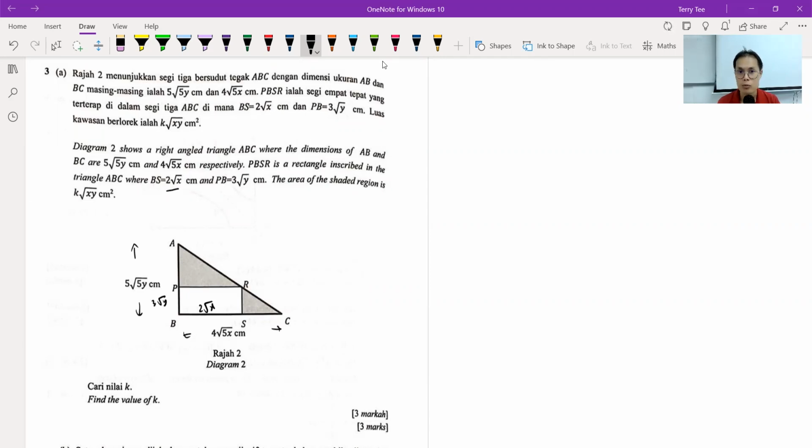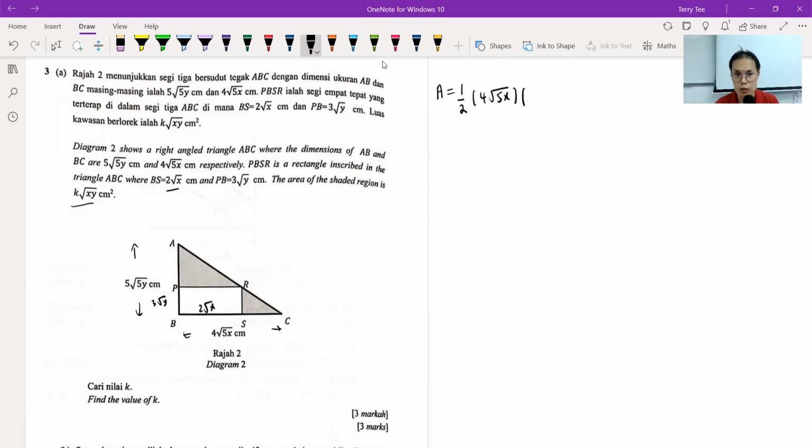So we are supposed to find the value of k given that the area of the shaded region is k surd xy. So very simple. We know area of a triangle is half times base times height. Then you need to minus the area of the rectangle. Your base is 4 surd 5x.